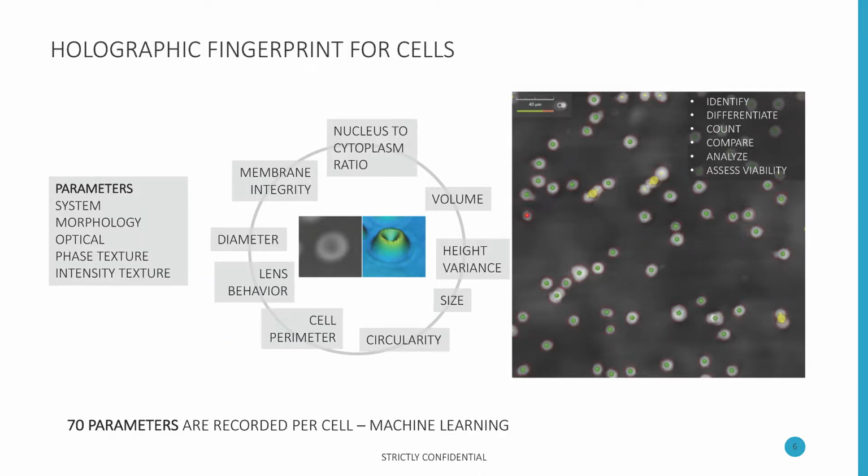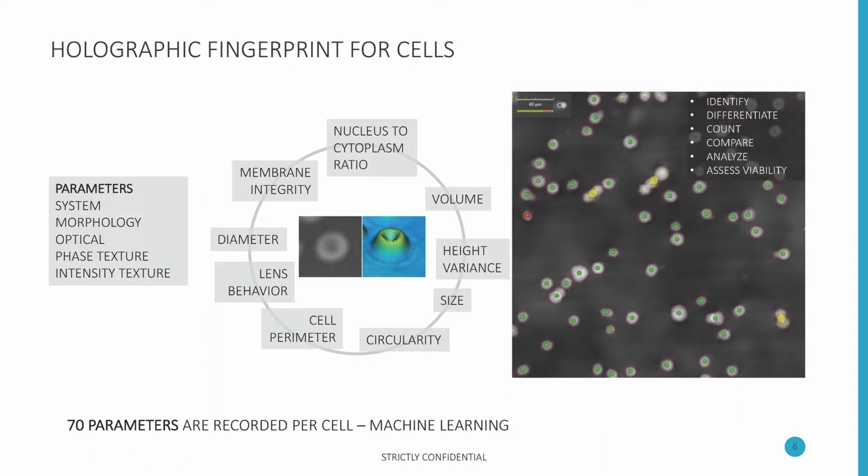The holographic fingerprint for cells basically is an algorithm that can differentiate different cells based on all the parameters that we are recording on a single cell level. There are 70 parameters. Some have to do with the system as a whole. Some have to do with the morphology of the cells, the optical parameters, phase texture, or the intensity texture.